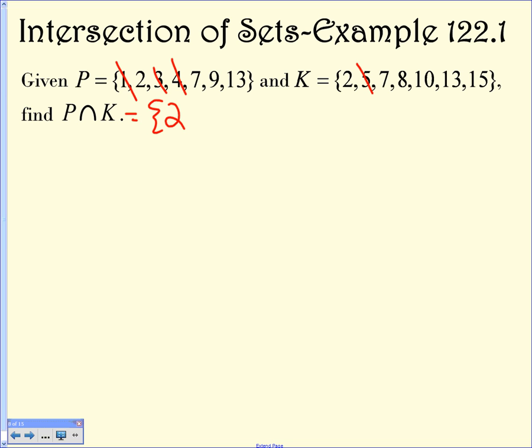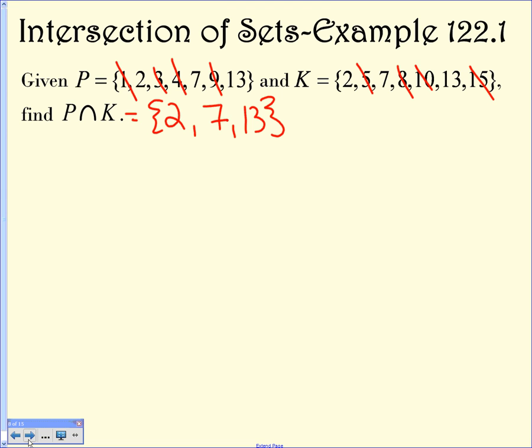They don't have 5. What about 9? 13? And so those are the only ones that they both have: 2, 7, and 13. Y'all see how that works? Any questions there?